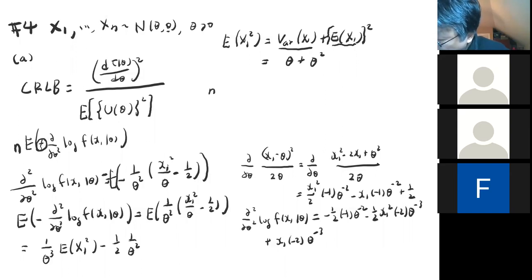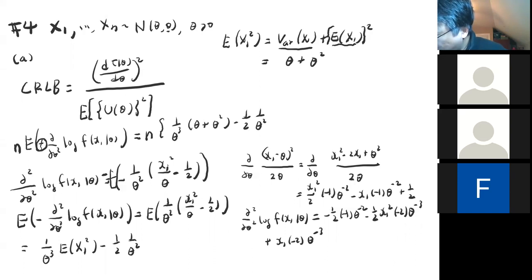So that means the denominator of the Cramer-Rao lower bound is going to be n times the expectation. Let me just jump a little bit. The denominator right here is n times what? You have the whole thing right here: 1 over theta cubed, then theta plus theta squared, then minus 1.5, then 1 over theta cubed.